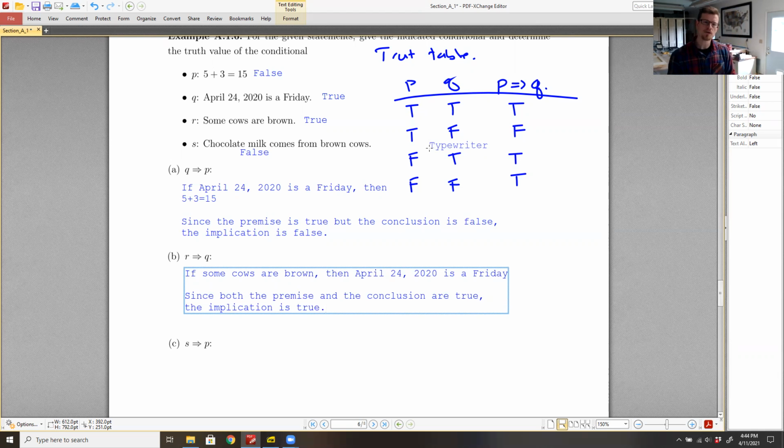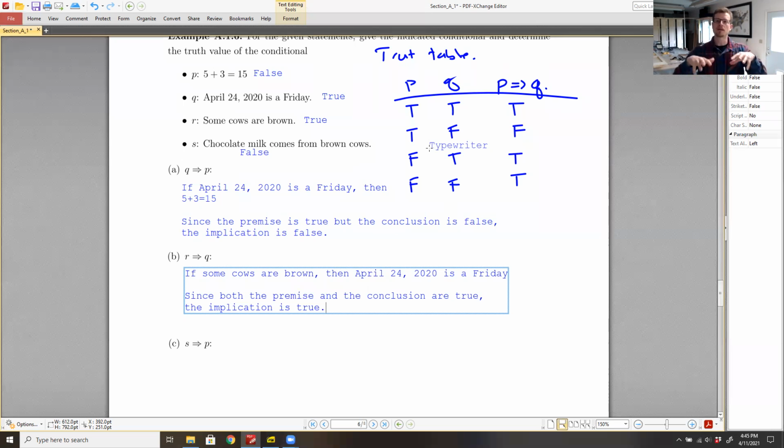Excellent. You'll also notice here that the premise and the conclusion don't have to have anything to do with one another. When we talk about proving something, we will be taking a look at implications or conditional statements, and we'll find that the premise and the conclusion are typically related to one another because that's what we usually see.